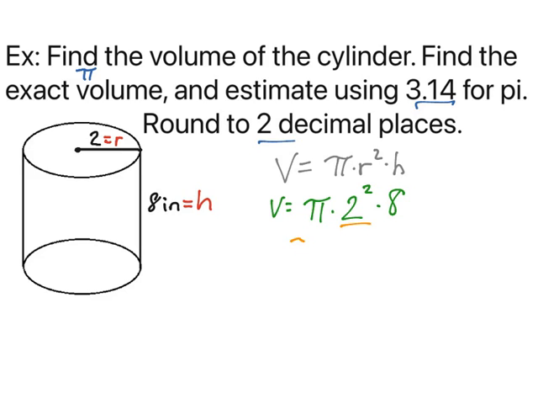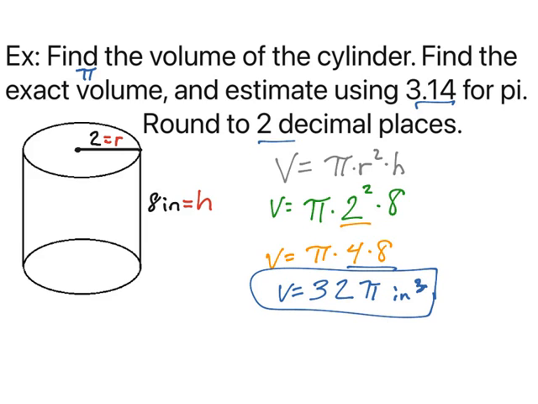So volume equals pi times 4 times 8. Let's multiply 4 times 8. So our exact volume would be 32 pi inches squared. Oops, inches cubed, excuse me. Volume is cubic inches. So this is our exact answer.